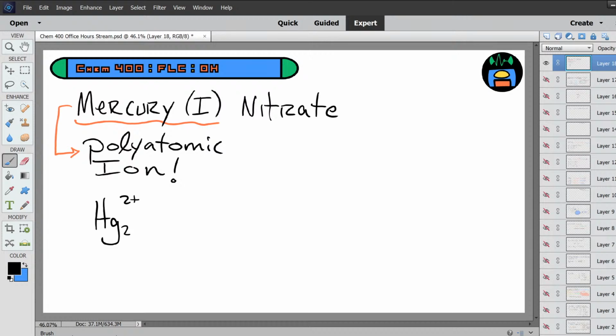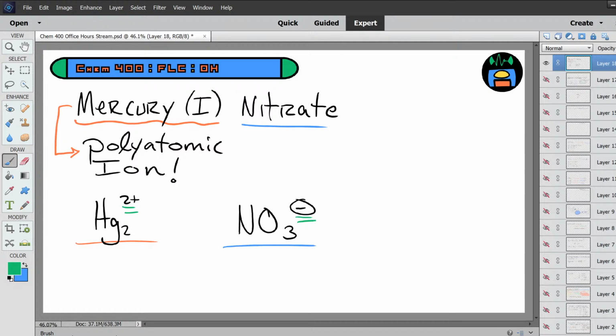So when you're dealing with mercury(I), you're always dealing with this as a unit. So when you pair mercury(I) with the anion nitrate, we need 2 nitrate ions to match our charge, because mercury(I) is a polyatomic ion with a charge of +2.